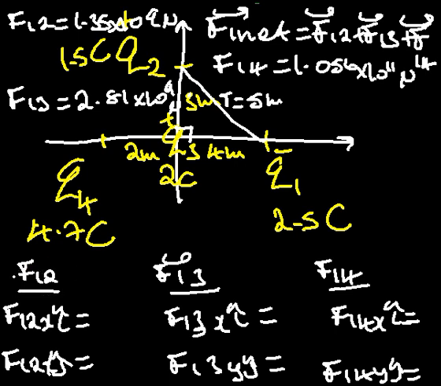F12 is the force between charge 1 and charge 2. What will be the direction of the force? It will be from charge 1, that much we know. One charge is positive and the other is negative, so the force will be attractive.